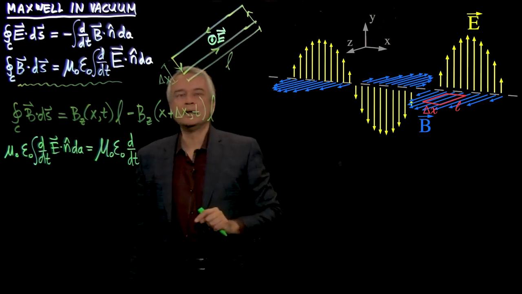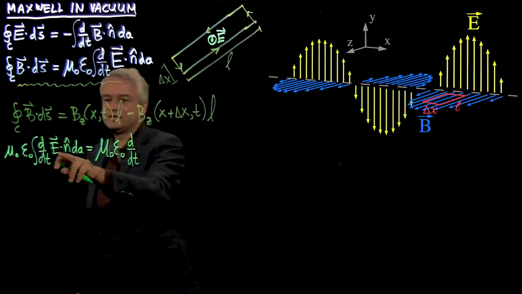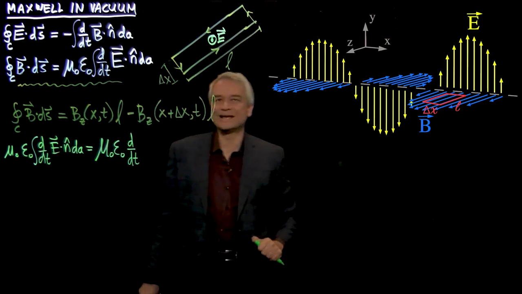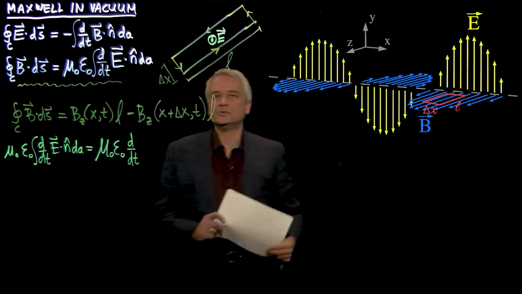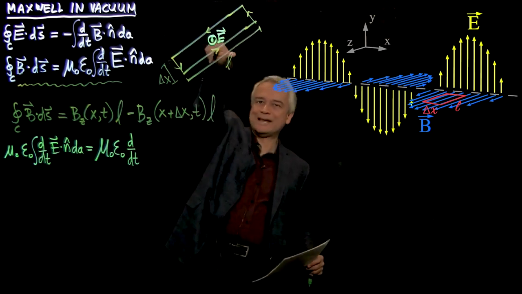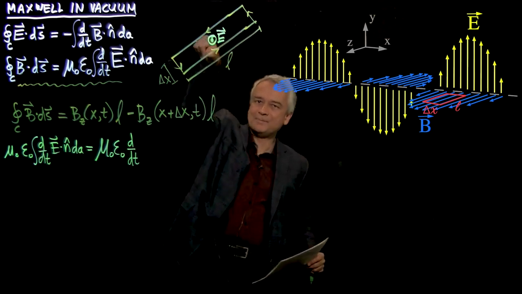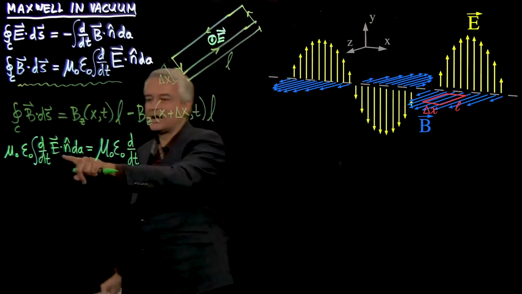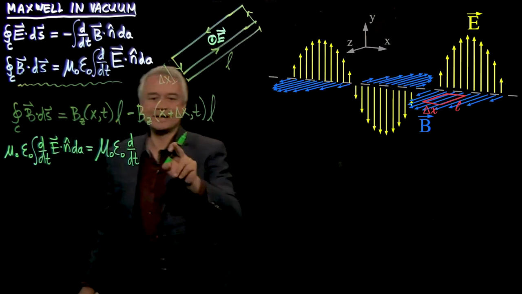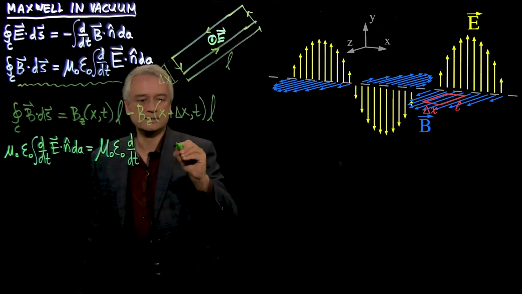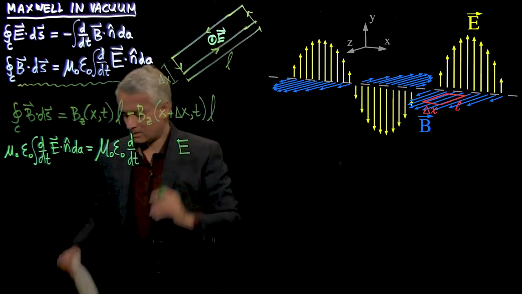So now I need to do the integral of E dot n hat dA. Which direction does n hat point? Well, if you look at the direction in which I'm doing the contour integral, and you use your right hand, n hat points out of the board at you. So E dot n hat is positive. And so what I get here is E. Which component of E?